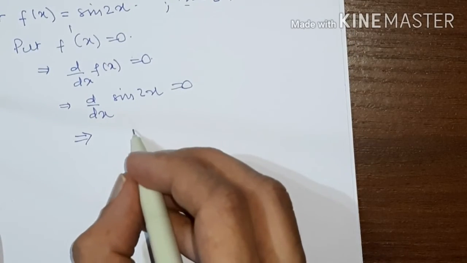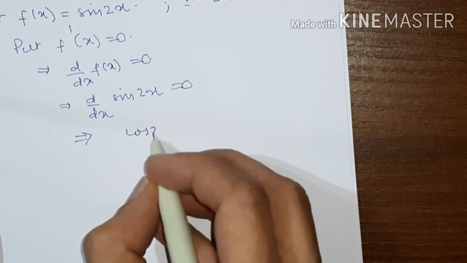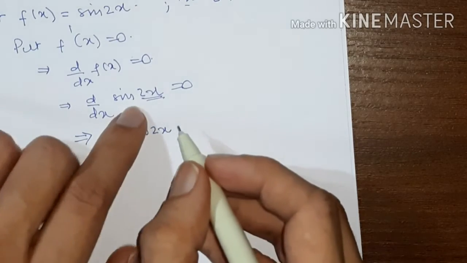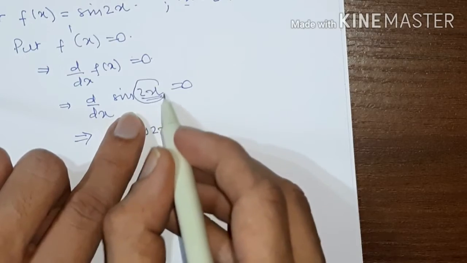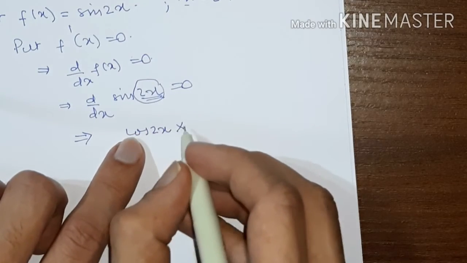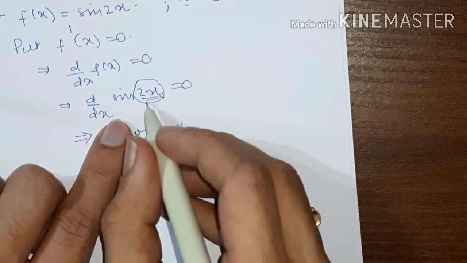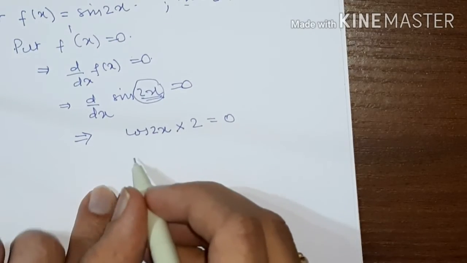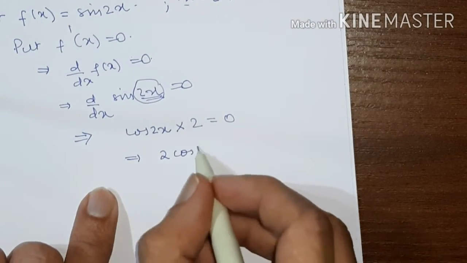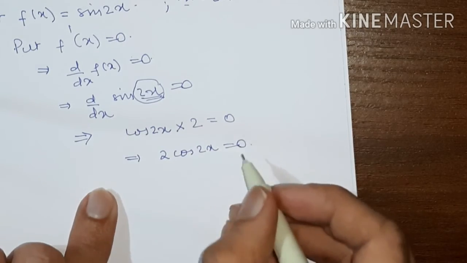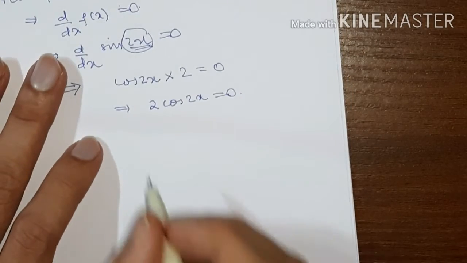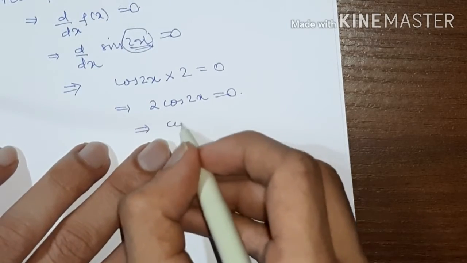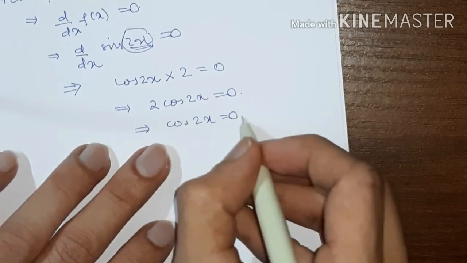Now the derivative of sine 2x is cos 2x, and since this is not just x, we have to take the chain rule and take the derivative of 2x, that is 2. So 2 times cos 2x is equal to 0. If you divide by 2 on both sides, you will get cos 2x equal to 0.